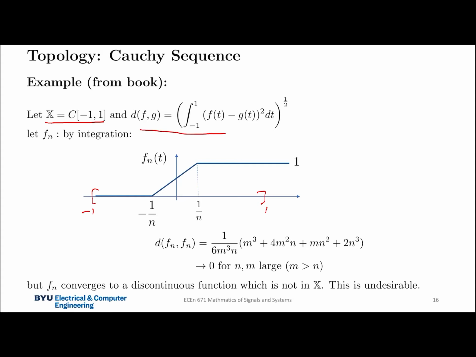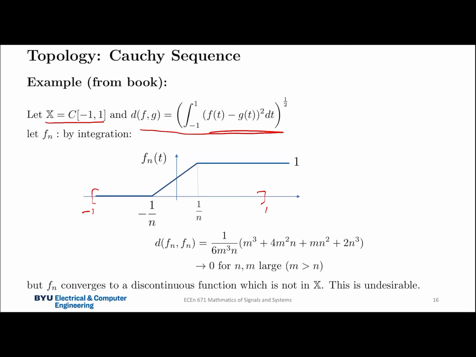and then you let the metric be the integral of the two norm. So you take the difference of the two, integrate between -1 to 1, take the square root. So this is a valid metric.